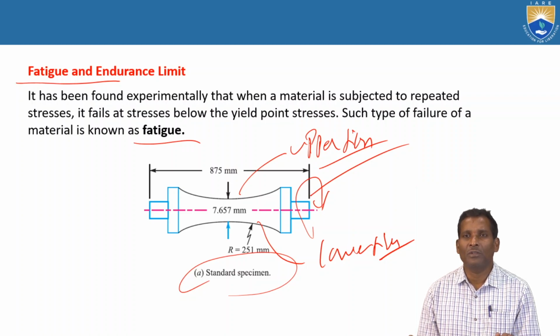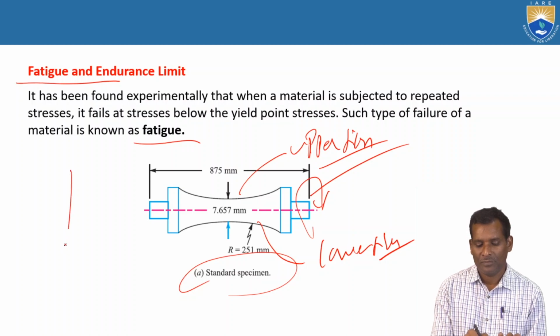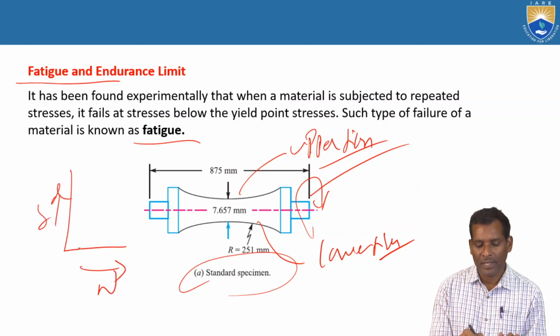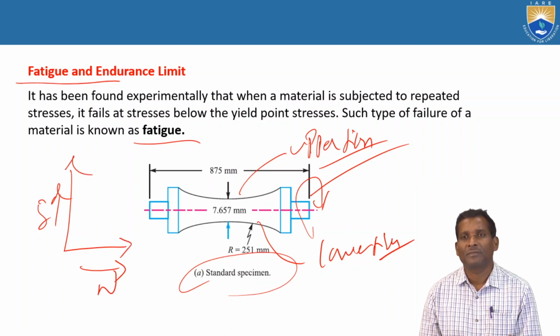All these values you can plot on a diagram. That is called the SN diagram: strength versus number of cycles to failure. I will show you the next slide now.